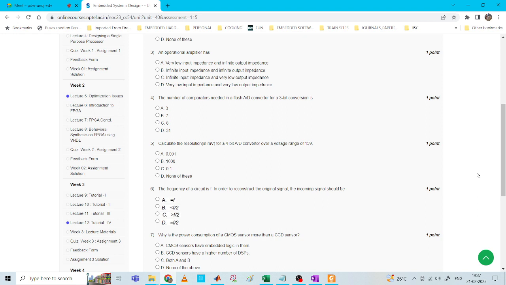If we turn the question around, and the circuit frequency is F, what should be the frequency of the incoming signal such that it samples properly? Sir, I think F by 2. Correct. So should it be less than F by 2 or greater than F by 2? Greater than F by 2. Why?